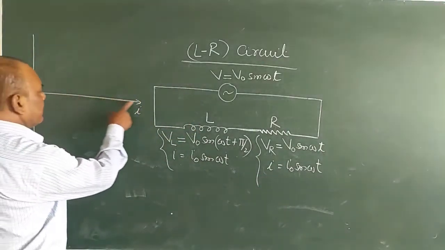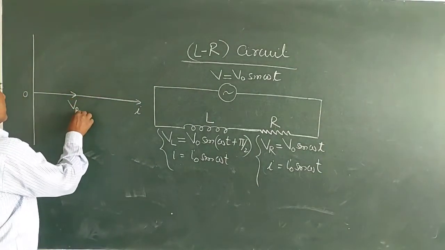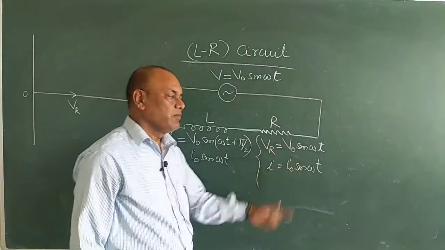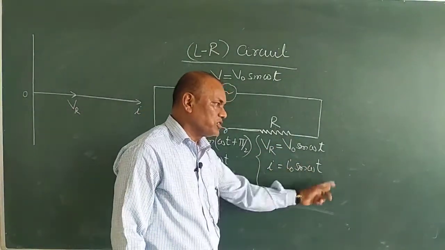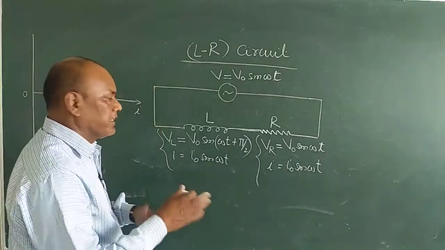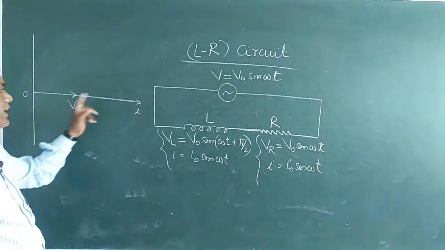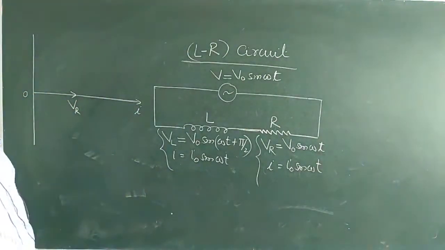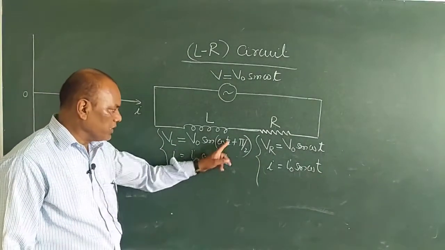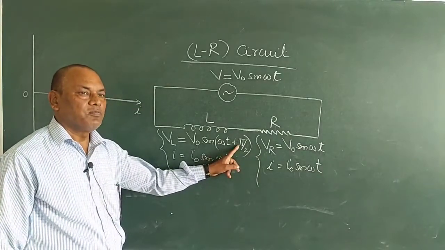So in the direction of current, there is a voltage developed across resistance. When current flows along this axis, the direction of voltage will also follow the same direction because VR and I have no phase difference. But in the case of VL and I, this leads by pi by 2.